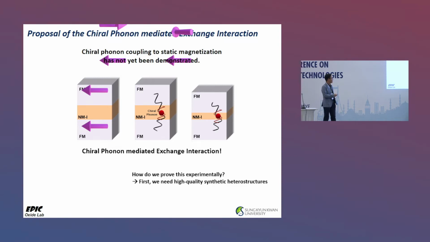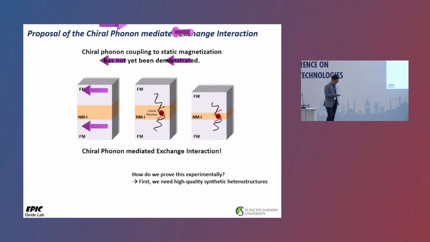Depending on the thickness of the non-magnetic insulating layer, the spin orientation between the upper and lower layer will change. That's the key idea. And we propose that the chiral phonon inside this non-magnetic insulating layer will convey the information of the spins from one layer to the other.